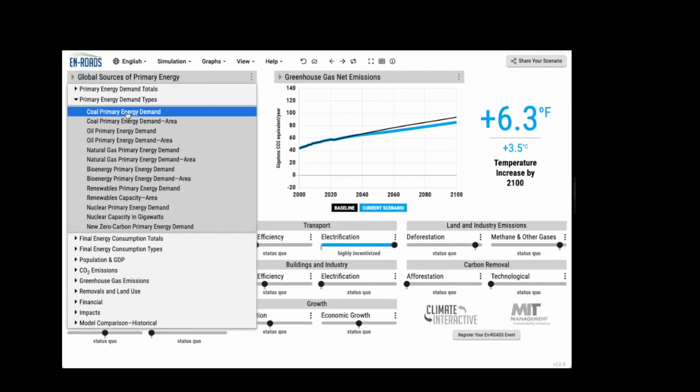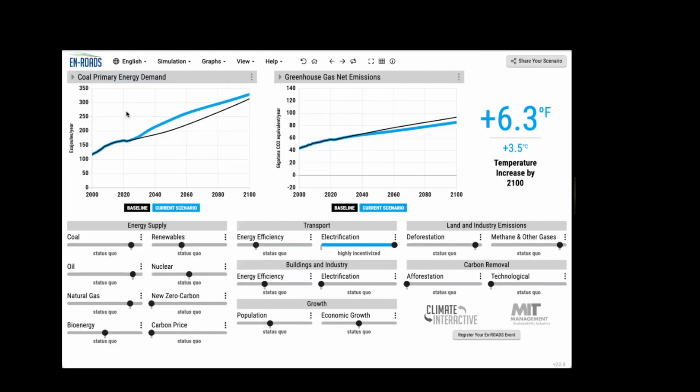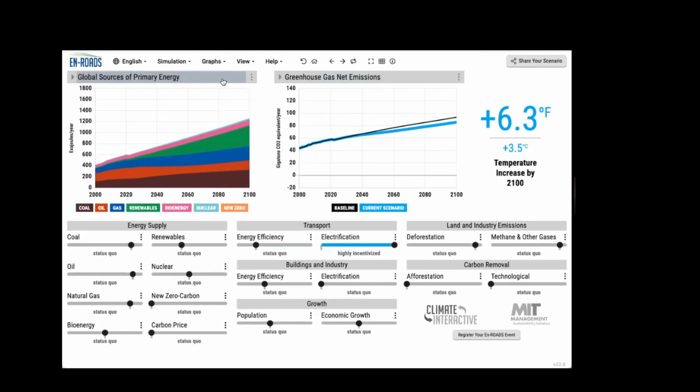Each one of these little triangles has 10 or so different subgraphs you can go to, and you can see what happens. Oh, well, when we do that, just electrify, we get more coal. So, okay, then we go back to the default graphs.